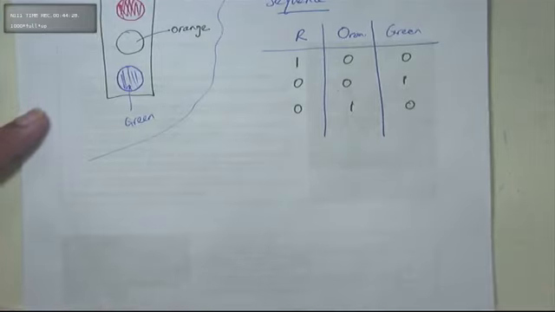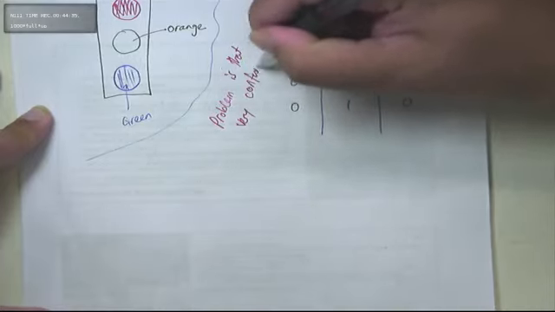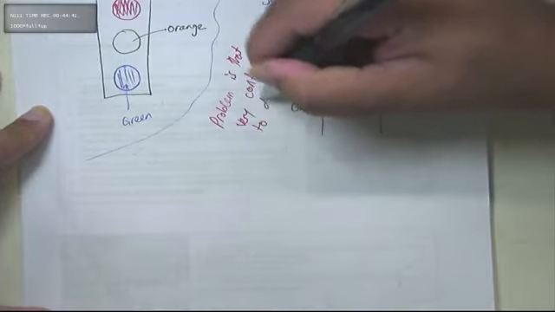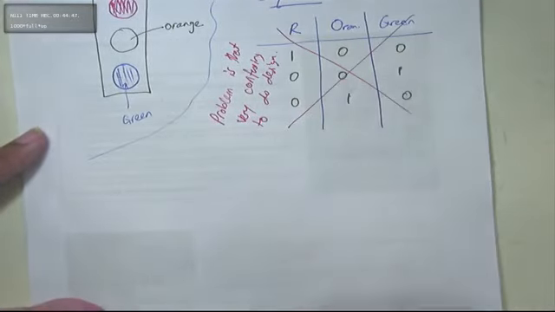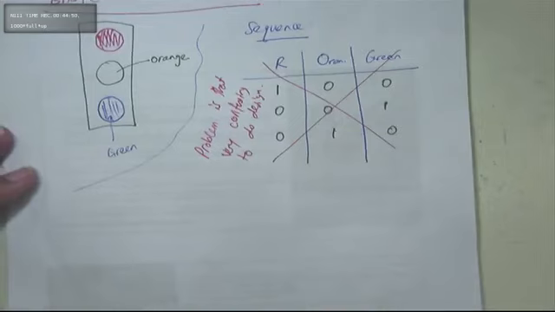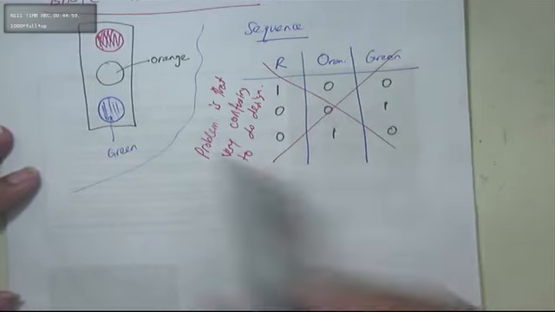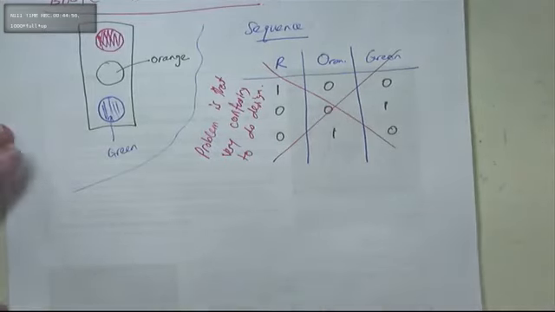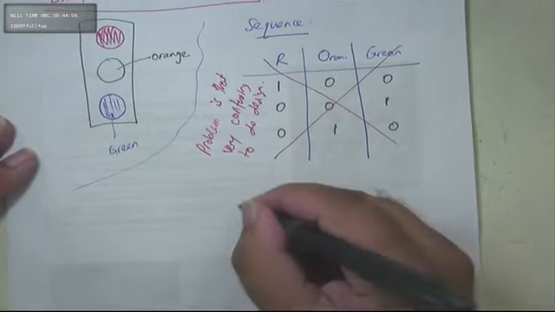The problem is that it is very confusing to do design based on the table. So not a good idea to start off with that. I'm deliberately placing that note there so that students don't make that mistake when they're doing design. The best place to start off design is from our state diagram.